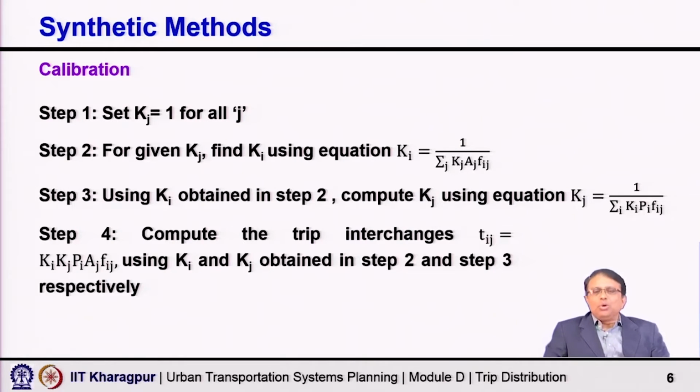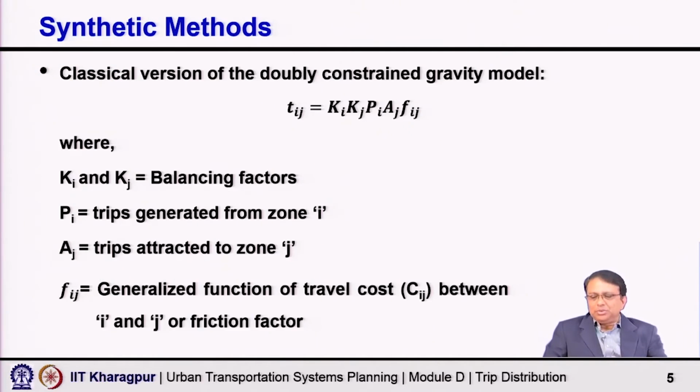Kj equal to 1 by sum over Ki, Pi, Fij, and sum it over i. Fij is the friction factor, or the generalized function. In many ways you can make it a function of cost, or a function of time, but it is basically the friction factor values.